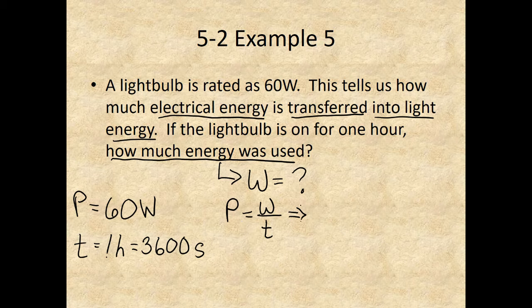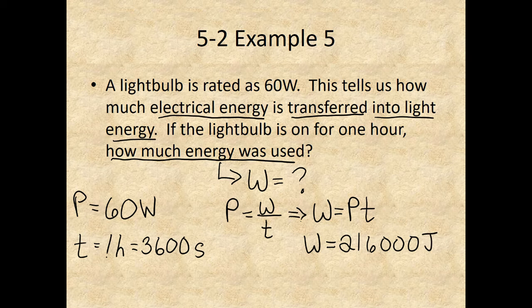Multiply both sides by time, and we see that work is power times time. 60 watts times 3,600 seconds, and we see that the work done, aka the amount of energy used, is 216,000 joules of energy.